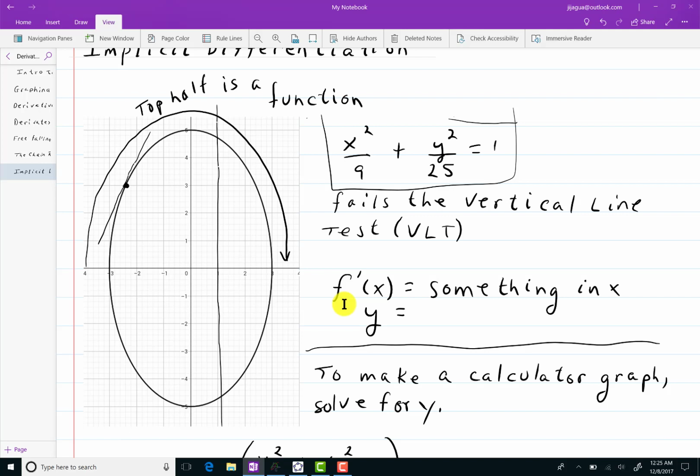Similarly, if I had a point way down over here, I would ignore the top half and pretend I'm working in the bottom half for this case.